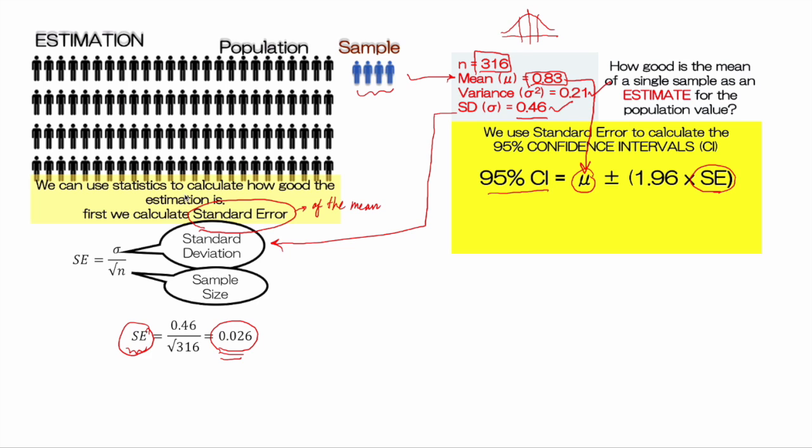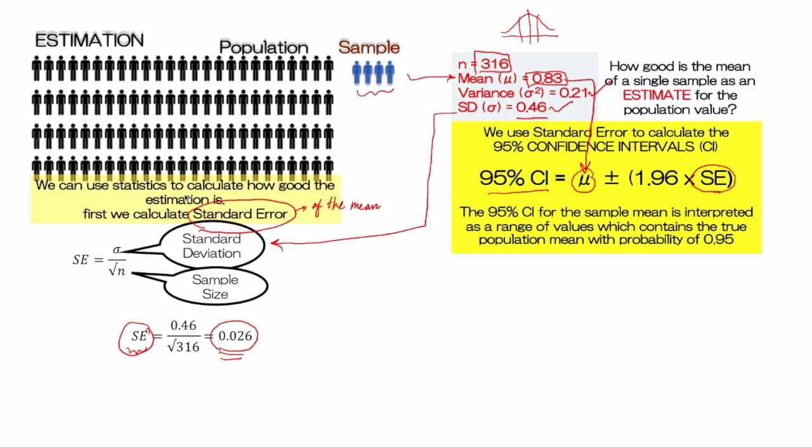And as you see, because we have plus and minus, we are going to have two values around the mean of the sample. Let's see how much it will be.